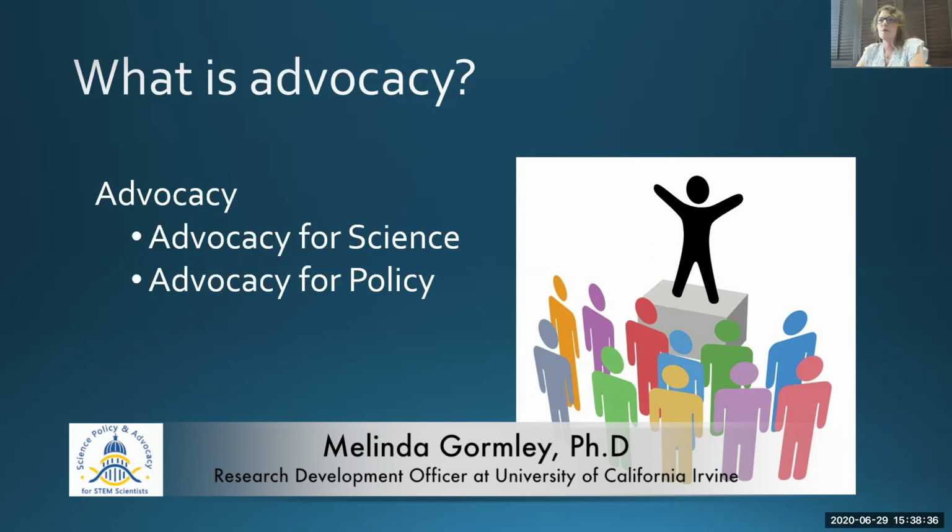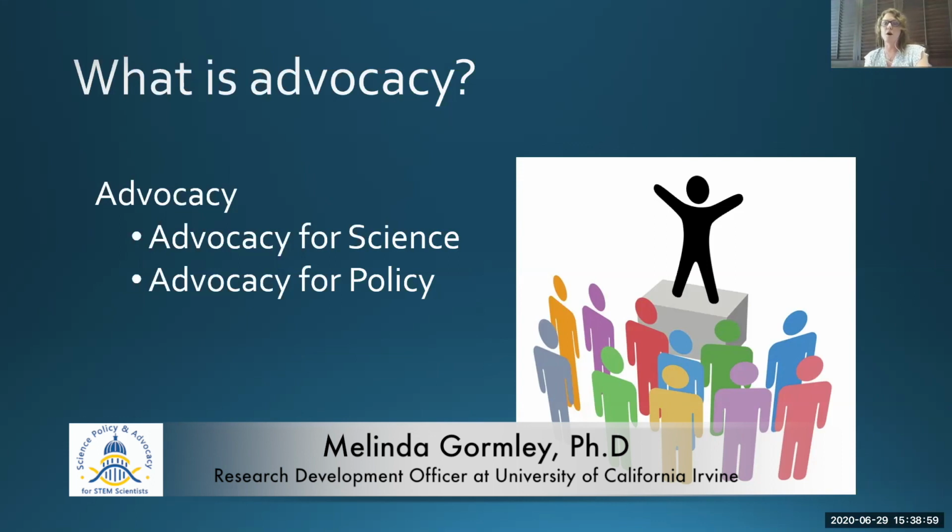The other topic is advocacy for policy. An example would be curbing greenhouse gas emissions, because you think that advocating for that particular policy action is going to help deal with environmental degradation and climate change.